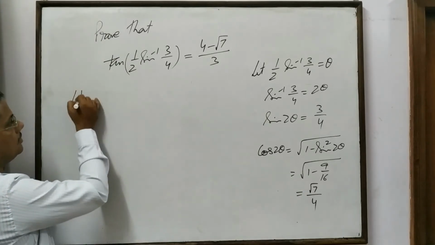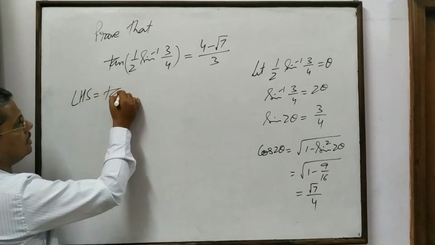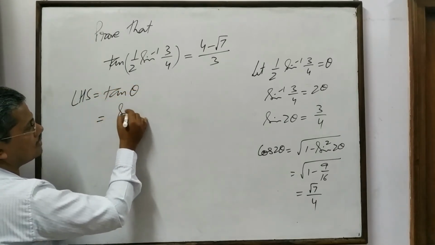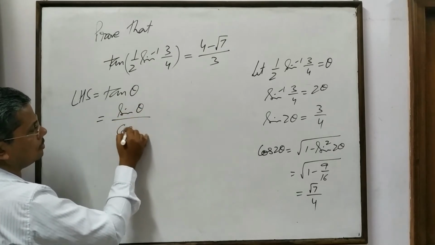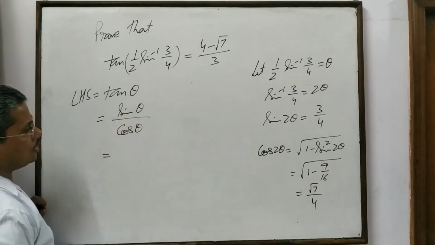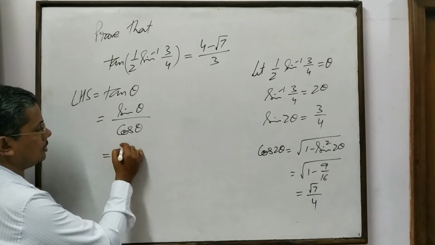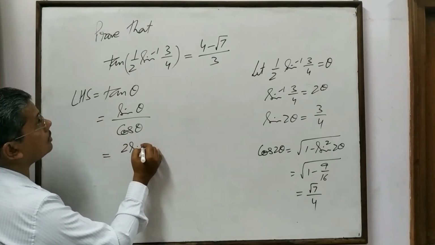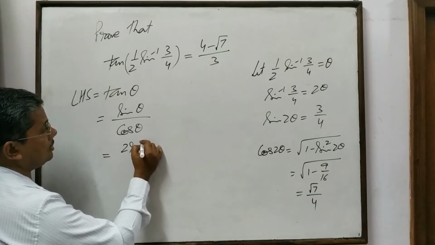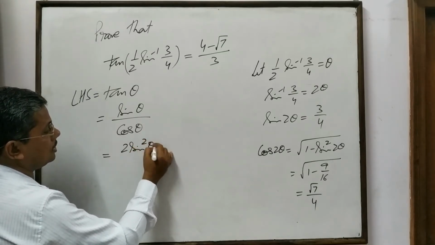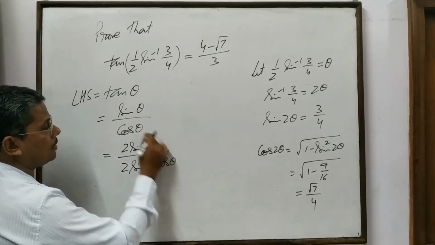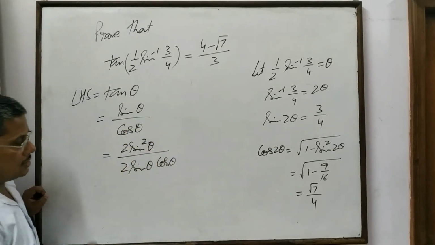Now left hand side, it is tan theta. Could be written as sine theta upon cos theta, or this could be written as 2 sine square theta upon 2 sine theta cos theta. What we have done? Multiply and divide by 2 sine theta.